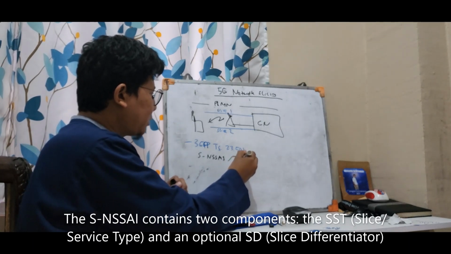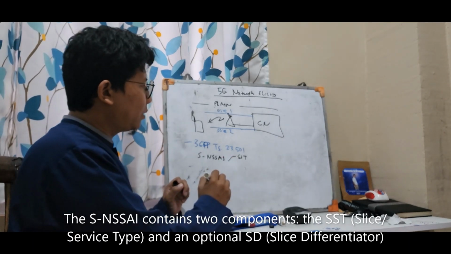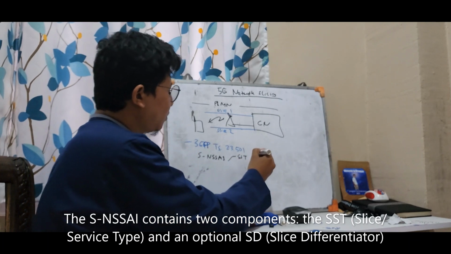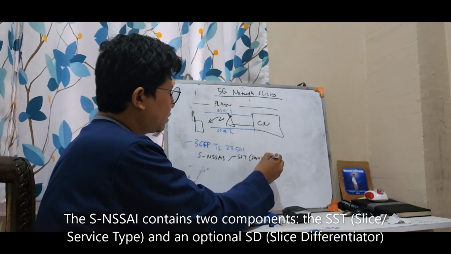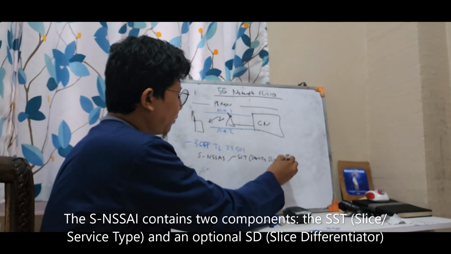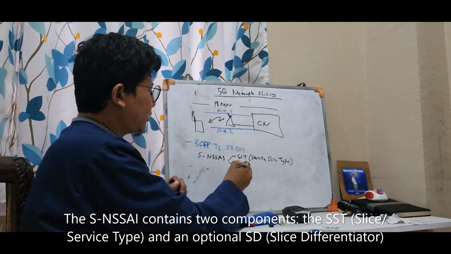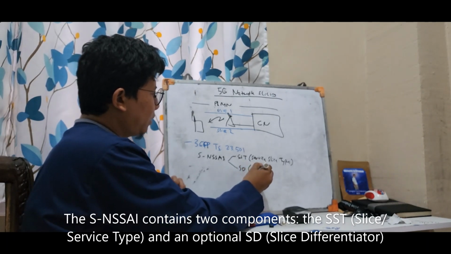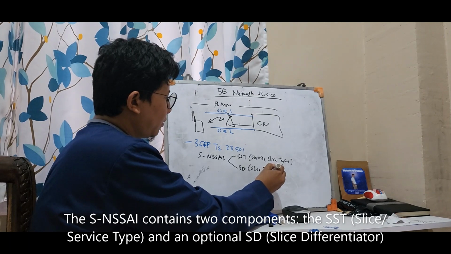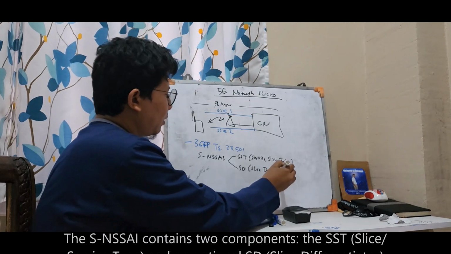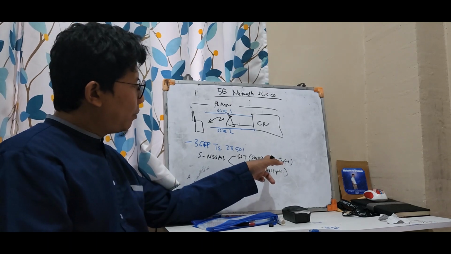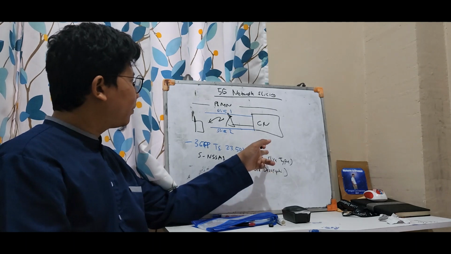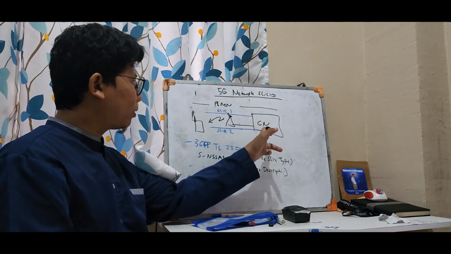First is SST, the service slice type, and another one is SD, the slice differentiator. The mandatory one is SST, which needs to be defined in the radio side and also the core network.